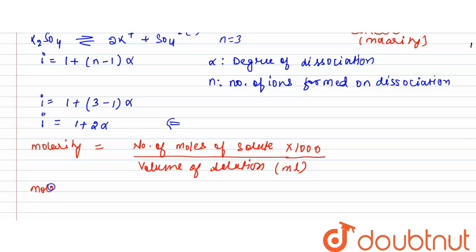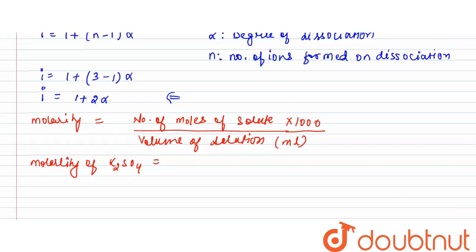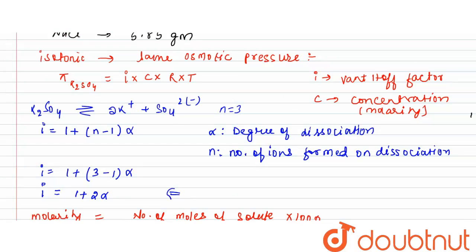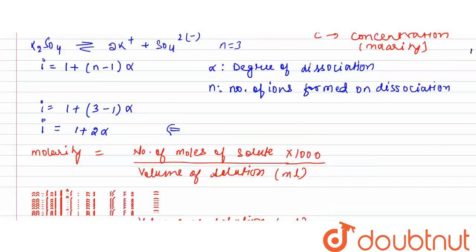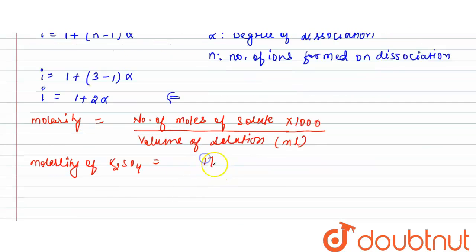So the molarity of K2SO4 is equal to, what is the number of moles of K2SO4? In the question it is given that the weight is 17.4 grams.